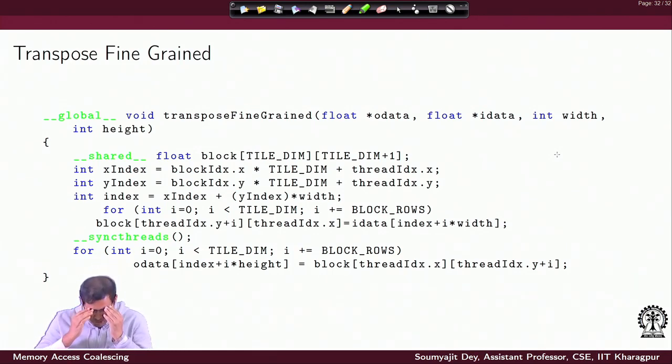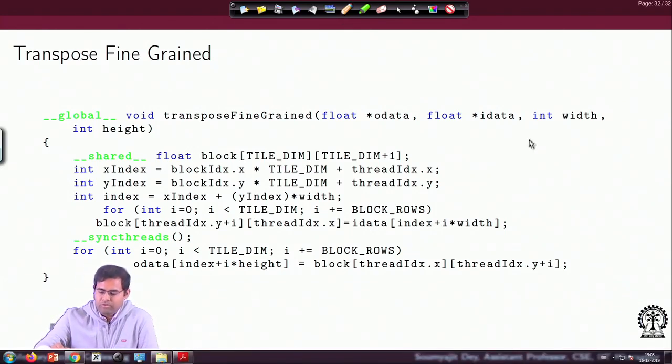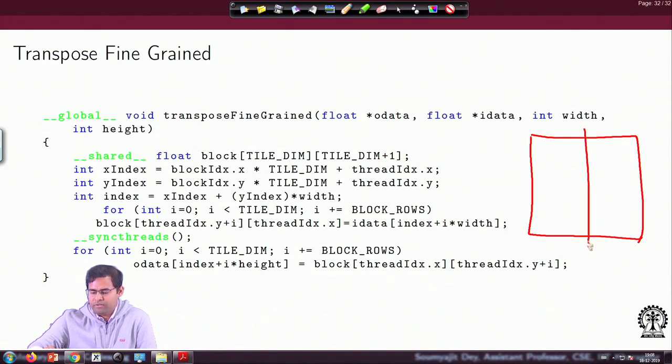Now, it may be required that you do not need the entire matrix to be transposed, but you only need to do a tile level transpose. What essentially I mean is, suppose you have this entire matrix, you do not want to change the relative positions of the blocks, you just need to do local transposes here, here, here inside the tiles.